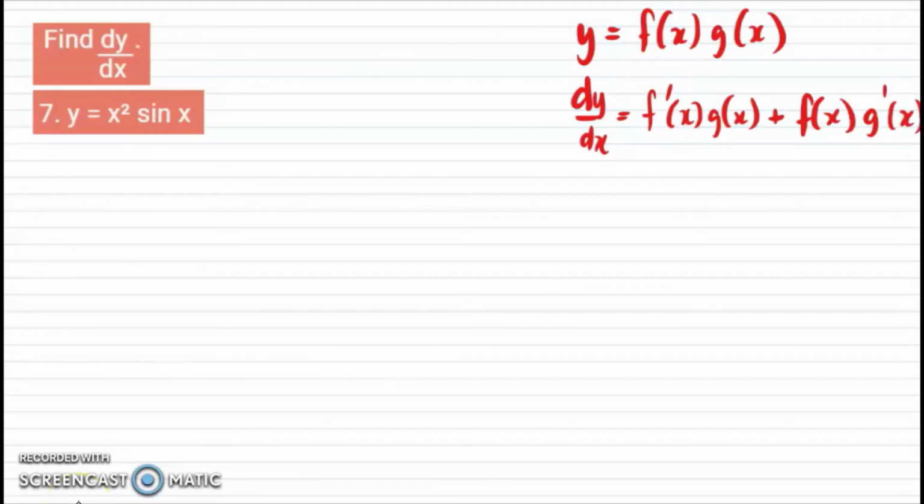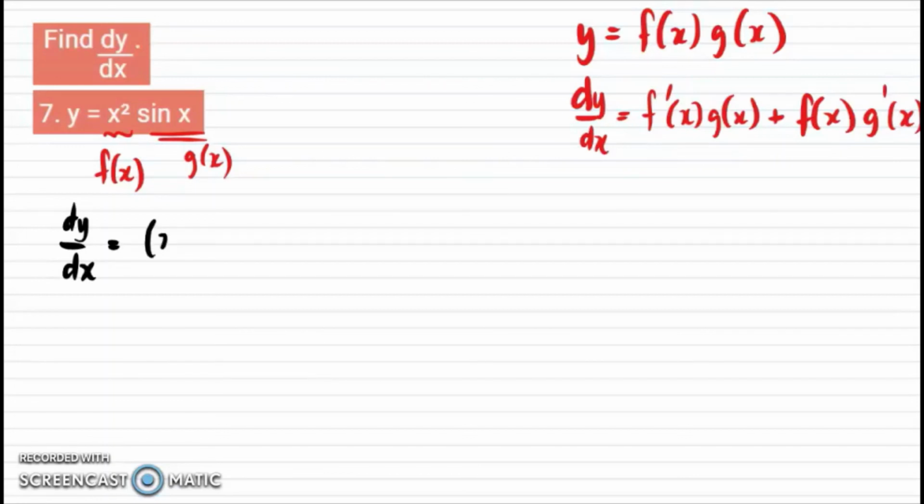So in this example, we can consider our x squared as our f of x and our sine x as our g of x. Therefore, our derivative of y with respect to x is equal to, we will apply the product rule now.